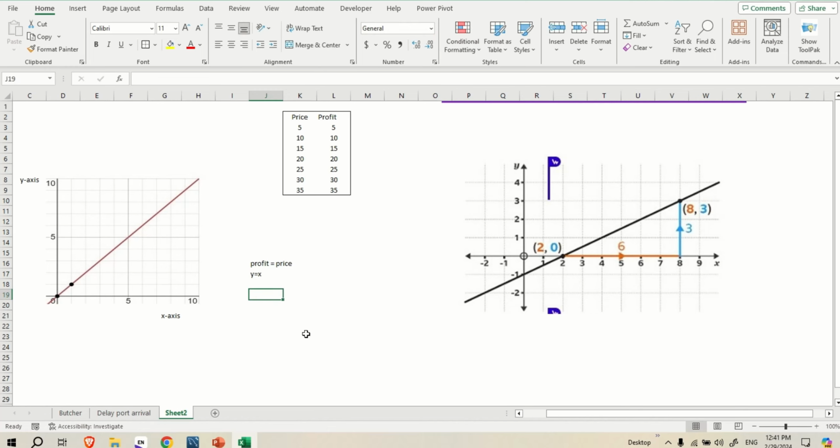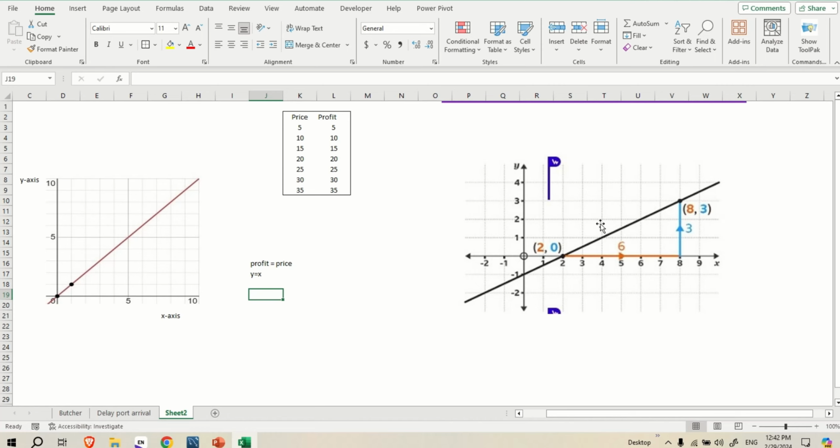So this means that if you want to plot a graph of y is equal to x, it's going to be a straight line graph that passes through the origin. The origin means the 0 point where y and x are 0. That is this point. So that is the graph of y is equal to x. Now this is the most simplistic case, like I've said before, and it is not usually like this.